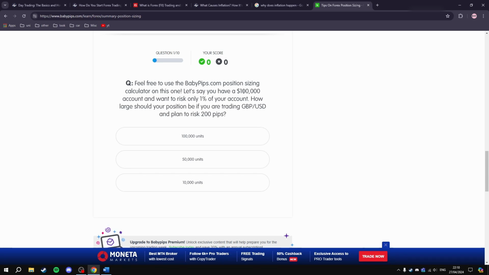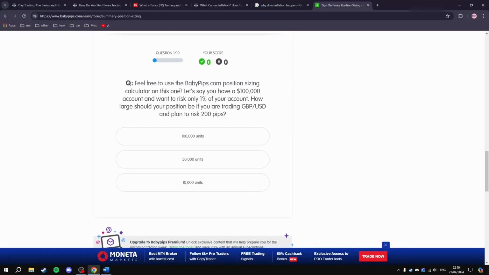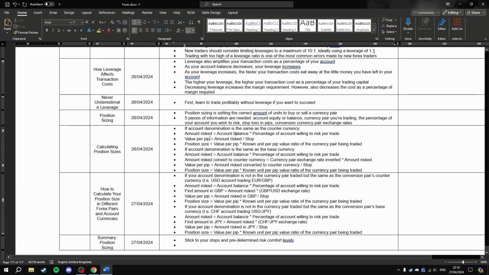No, wait, it should be 1,000. So amount risked is equal to 100,000 times 1%, which is 1,000. Value per pip is amount risked, so 1,000 divided by your stop of 200, that's 5. So your value per pip is 5.